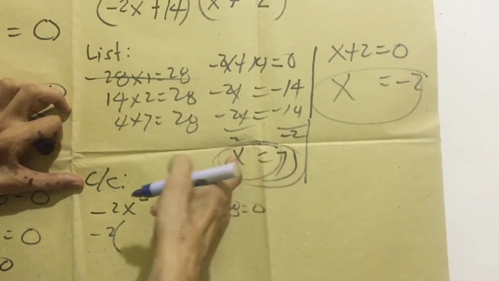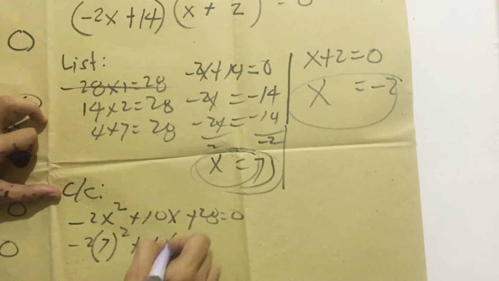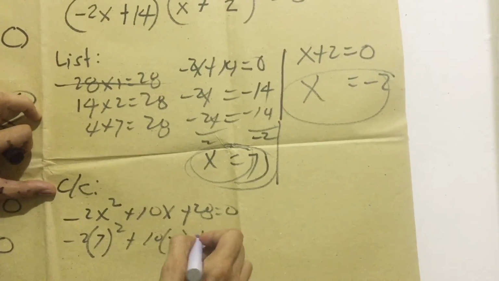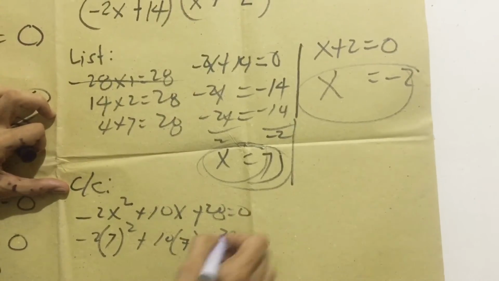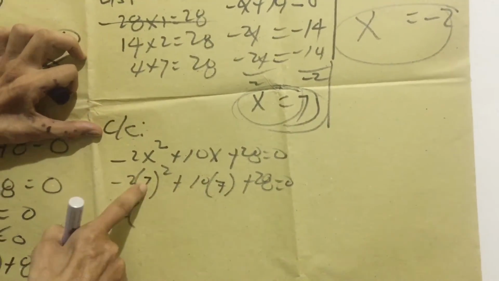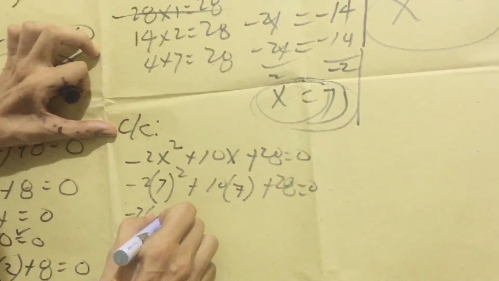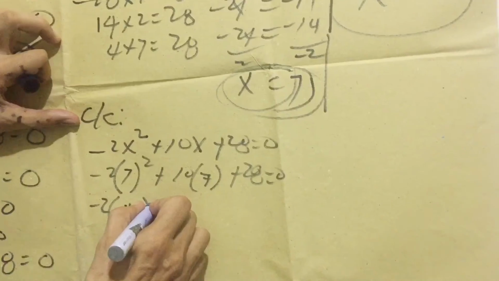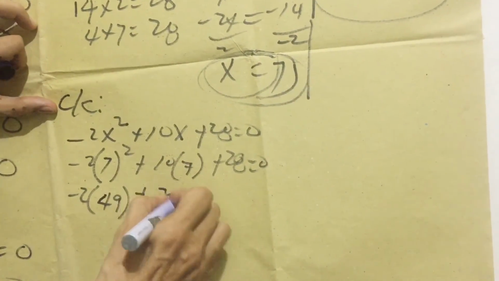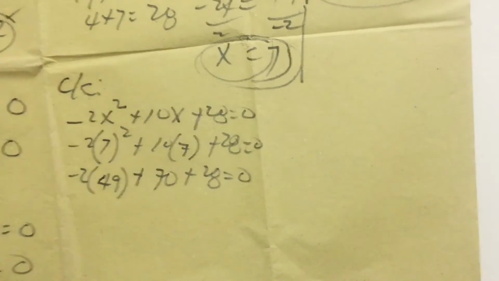Let's try the value of x is 7. Negative 2 times 7 squared plus 10 times 7 plus 28 equals 0. So 7 times 7 equals 49, then plus 70 plus 28 equals 0.